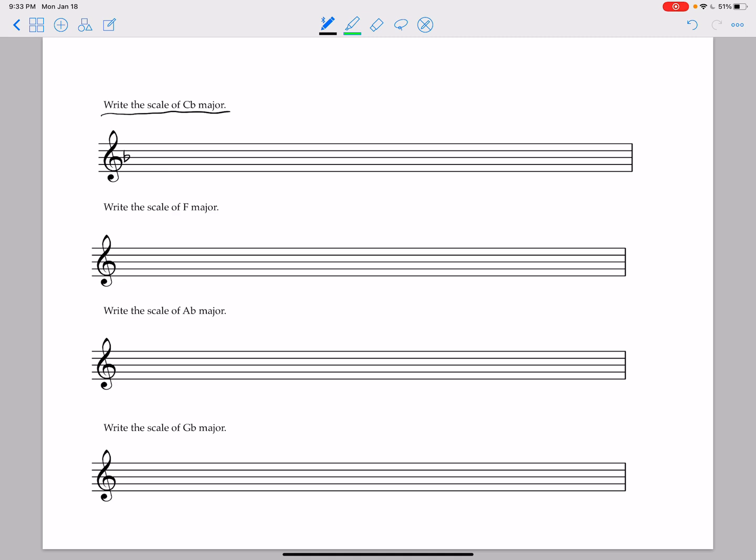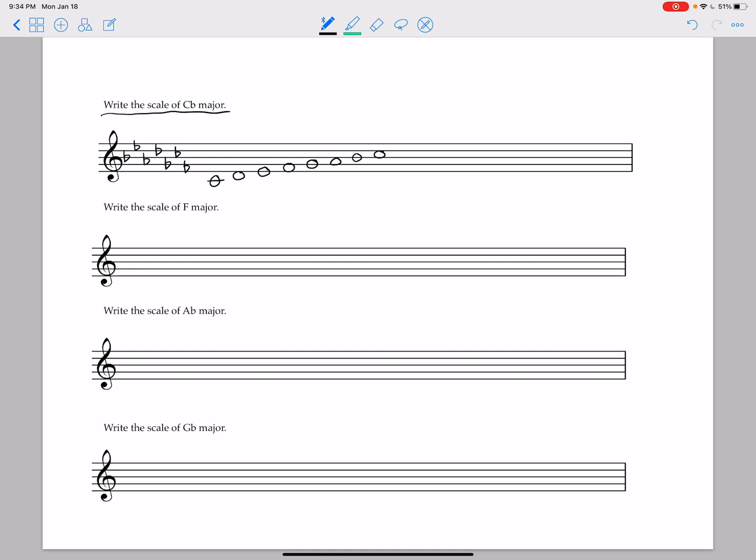B flat, E flat, battle ends, and down goes Charles's father. Now it's C flat, so we start on a C flat down here. D flat, E flat, F flat, G flat, A flat, B flat, C flat.